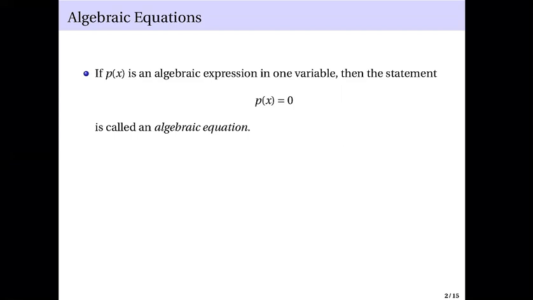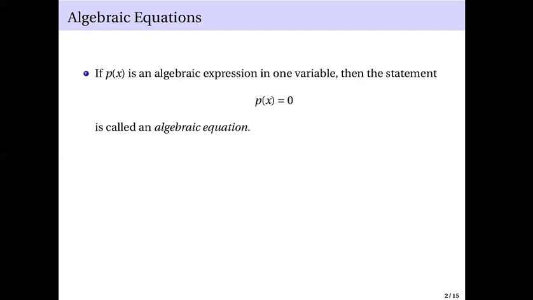Okay, so an equation is defined by the presence of the relation equal sign. We have an expression on the left hand side of the equal sign, and there is another expression on the right hand side of the equal sign. Then what we have is an equation. For an algebraic expression, what you have are products and sums or differences or quotients of variables and coefficients or constants.